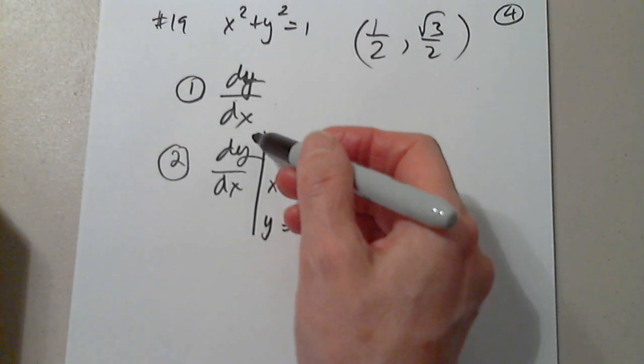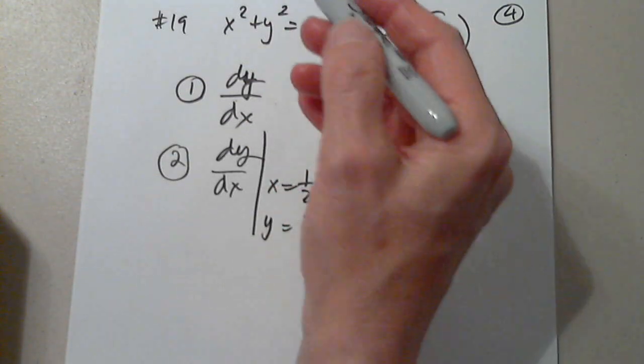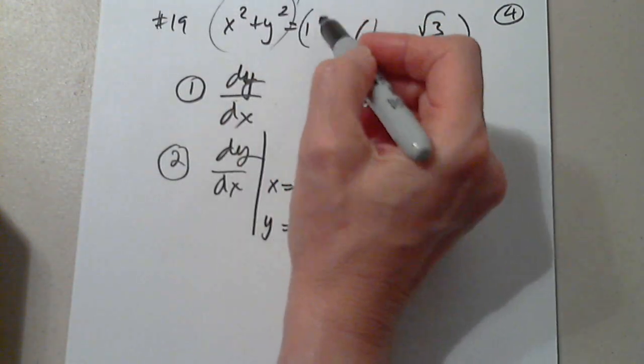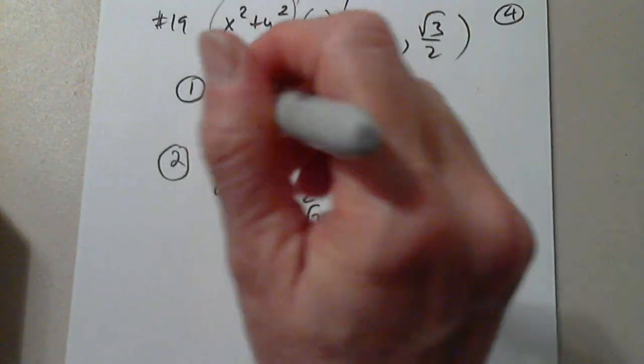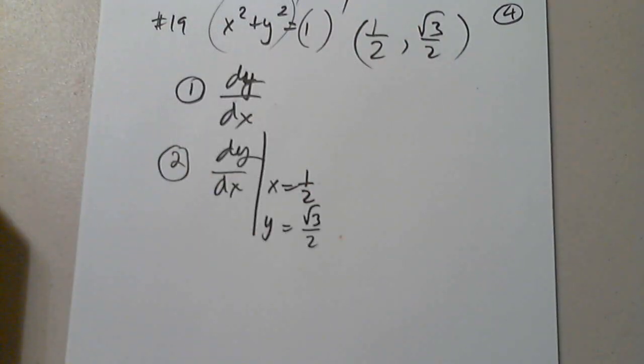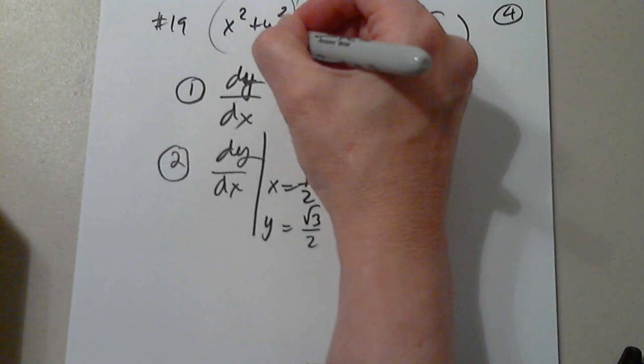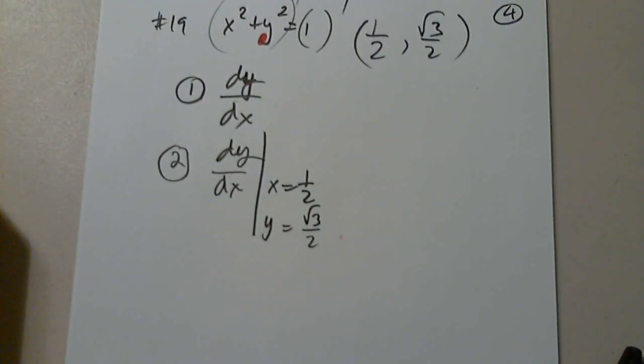In order to find dy over dx, I will not solve for y, because then I make my life more complicated. It turns out that this equation can be solved for y, but it will be more difficult to find the derivative afterwards. It's easier if I use implicit differentiation. I'm going to emphasize which one is a function by putting a dot underneath it so we don't make an error.